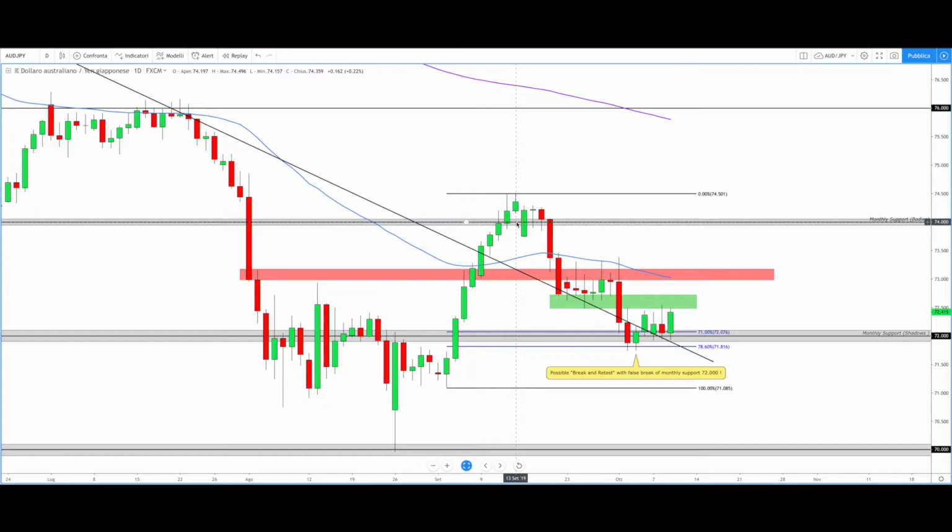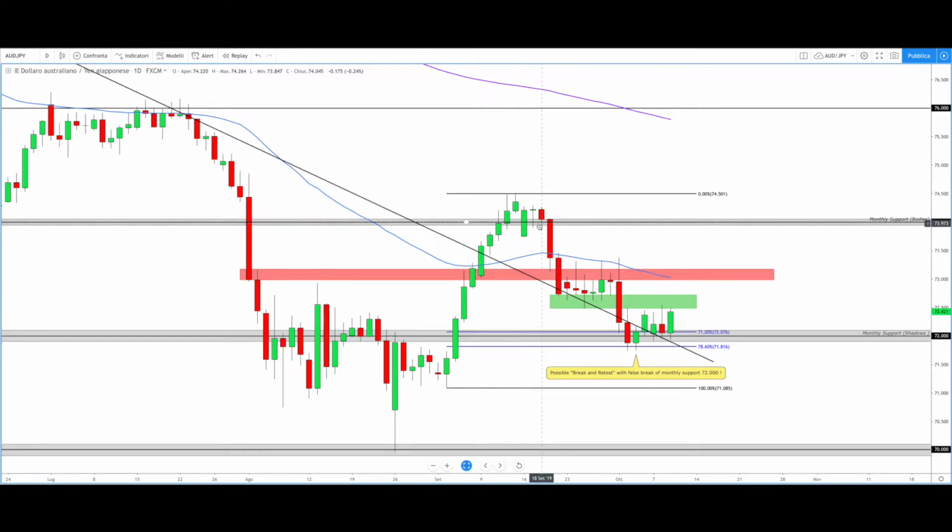But as you follow our PDF, you know that we are big fans of break and retest, a very simple pattern, but we use it many times to find our entry point.